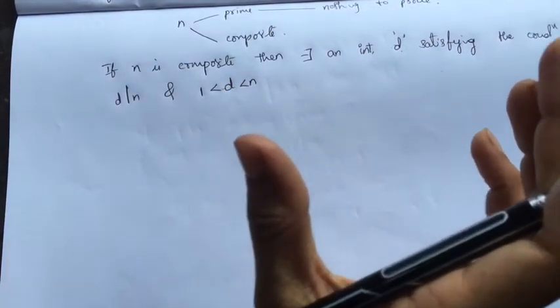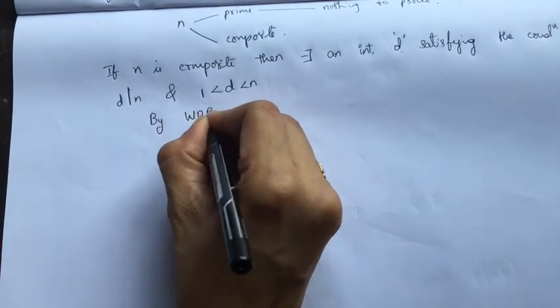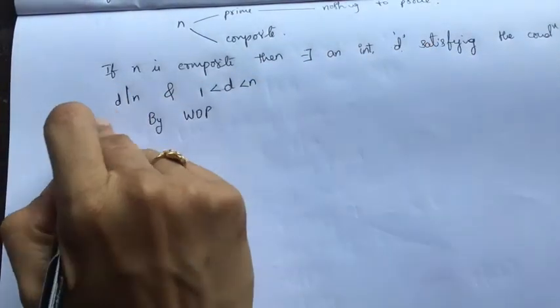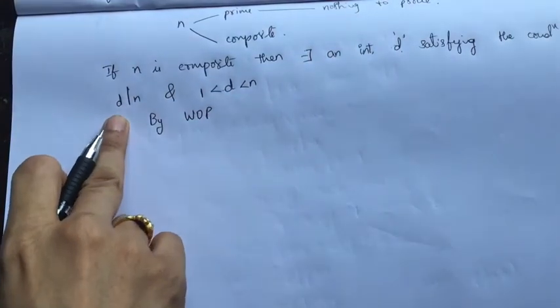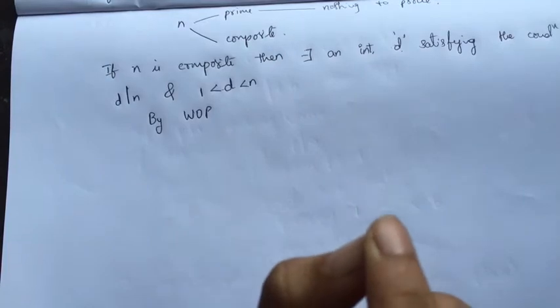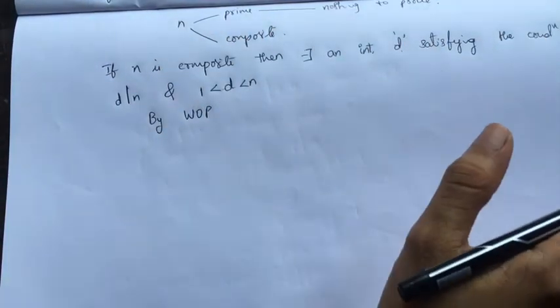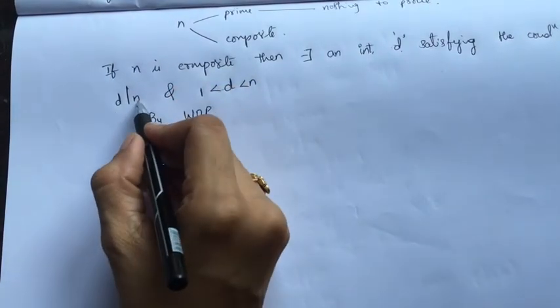By the well ordering principle, among all such divisors of n, all such integers d, let me choose one such integer, say p1, which is the smallest one. It has a set of divisors.